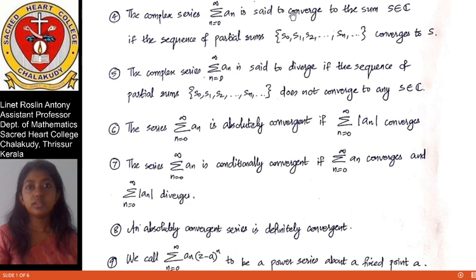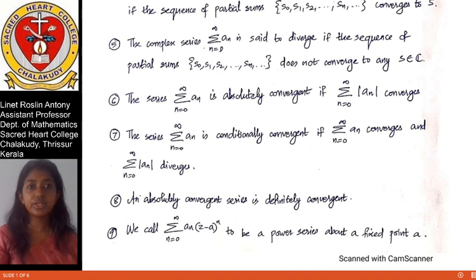So the convergence of a series is converted to the convergence of the sequence of partial sums of the series. That's how the convergent series is defined. Similarly, a complex series is said to diverge if the sequence of partial sums S0, S1, S2, etc., Sn does not converge to any s belonging to the complex numbers.